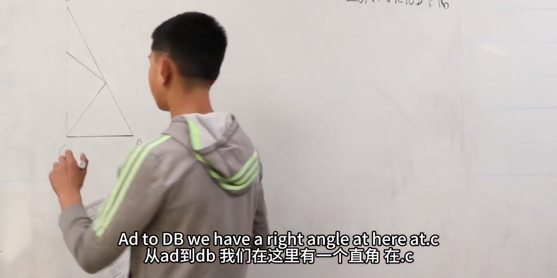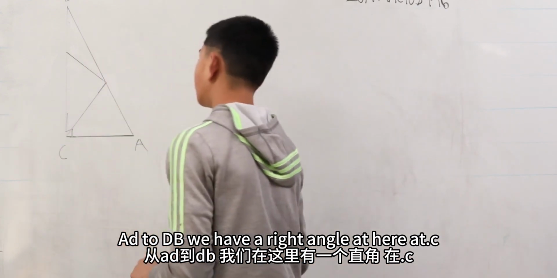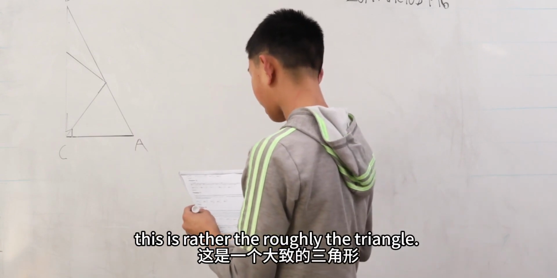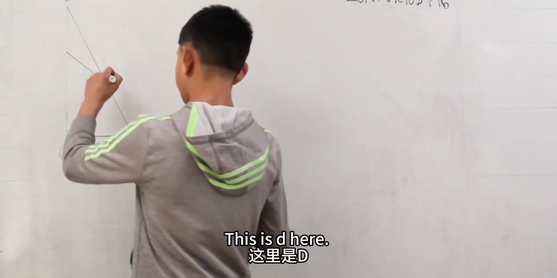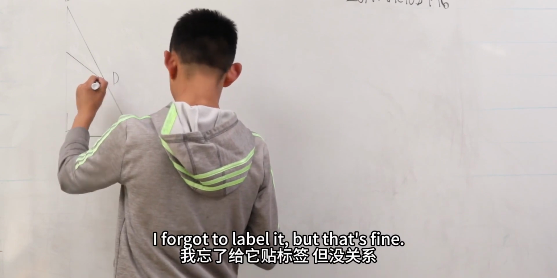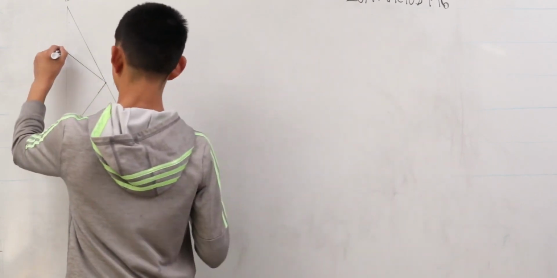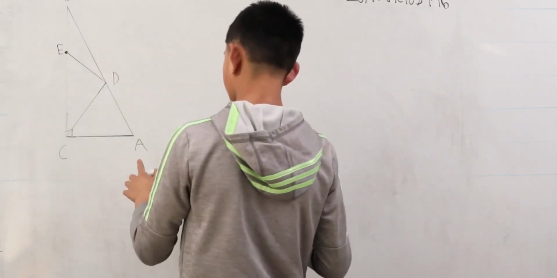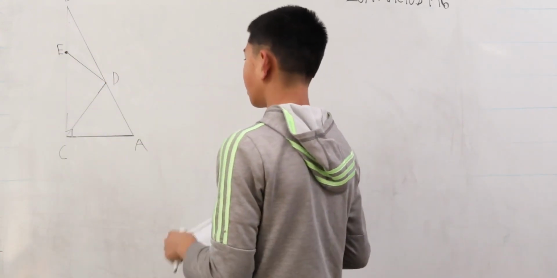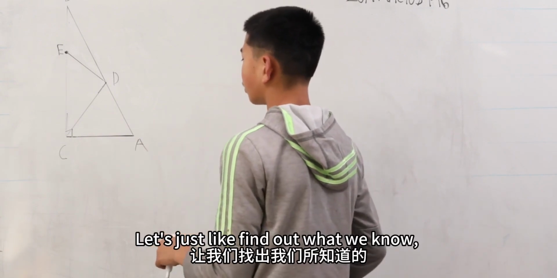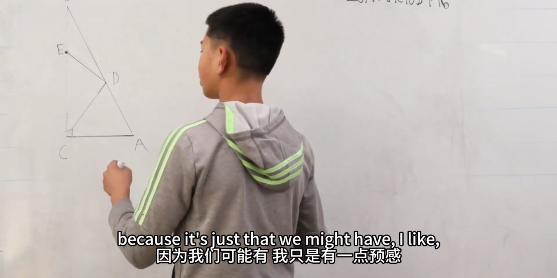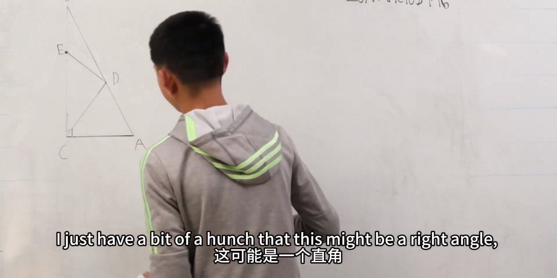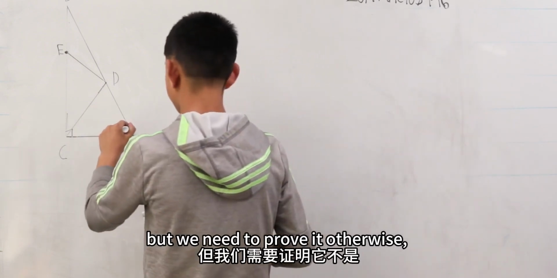So, we have a right angle here, at point C. This is roughly the triangle. This is D here. I forgot to label it, but that's fine. And this is E. Now, let's just find out what we know, because I have a bit of a hunch that this might be a right angle, but we need to prove it otherwise.